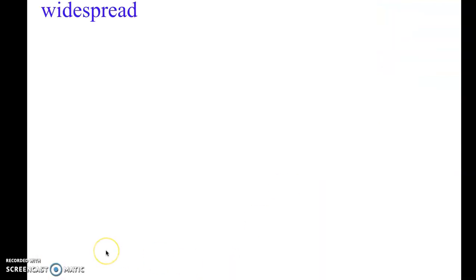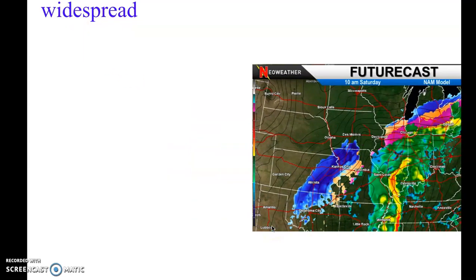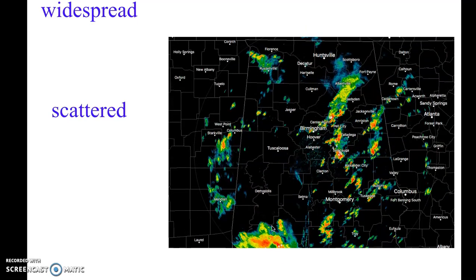A few other words. So the word widespread, right? Widespread means covering a large area. So if you see this storm covers a very large area here of the United States. So as it moves, any particular place here will probably have storms, thunderstorms that cover a large area. Widespread. Now scattered, however, means that they don't cover as large of an area as a whole sort of storm.